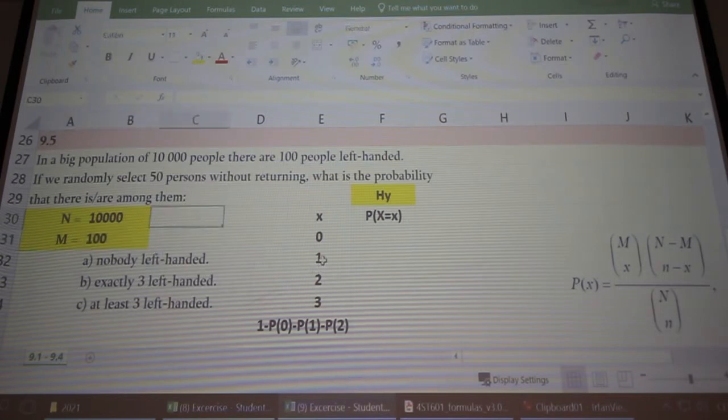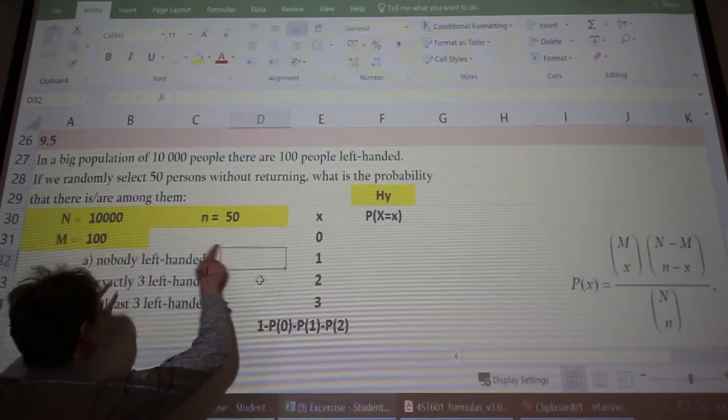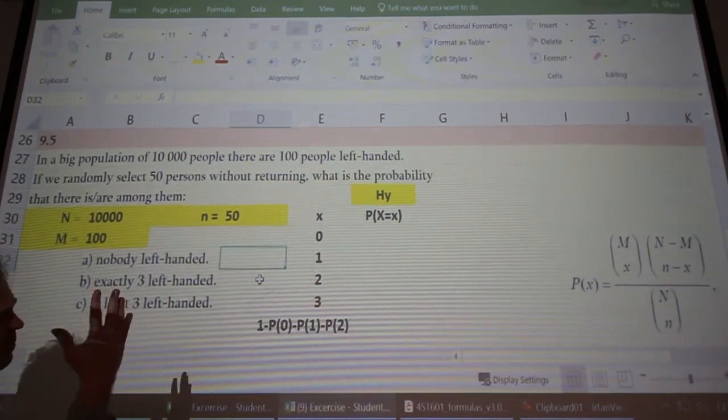Okay, and small n, the sample size, random selection, is equal to 50. So can you see this table with parameters?